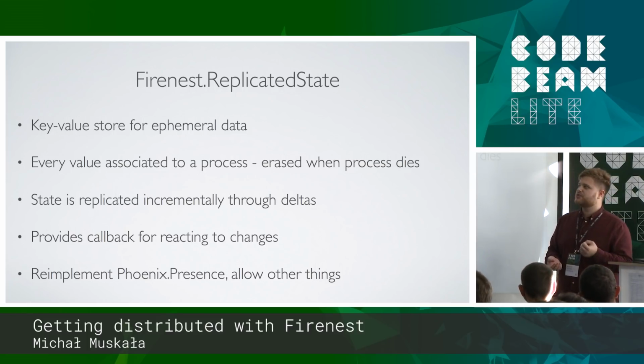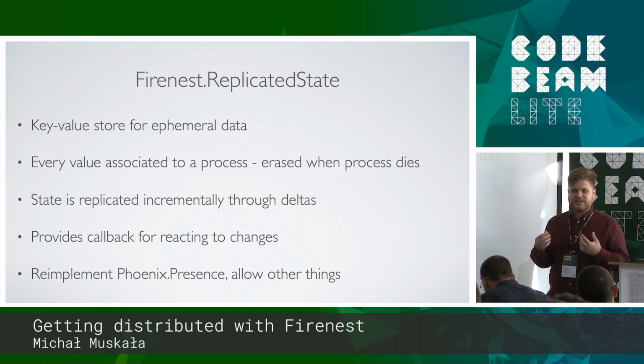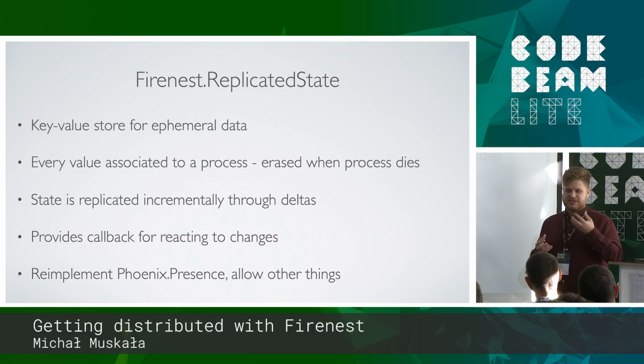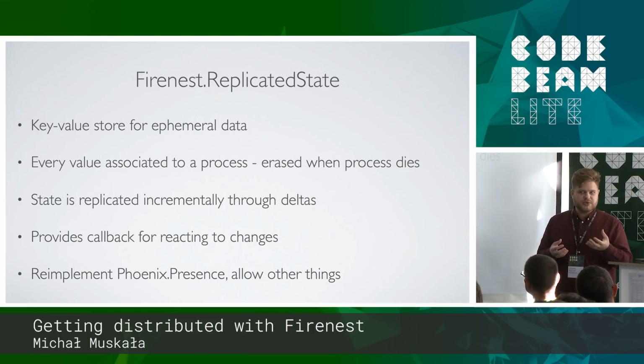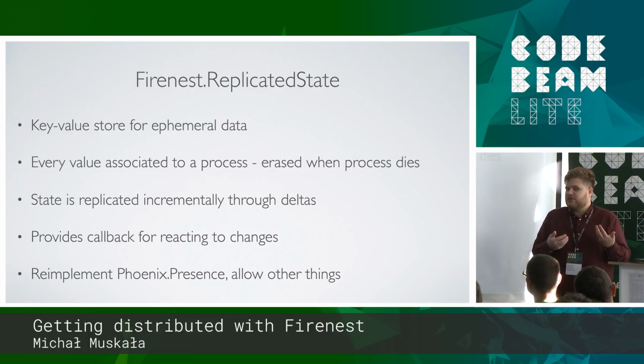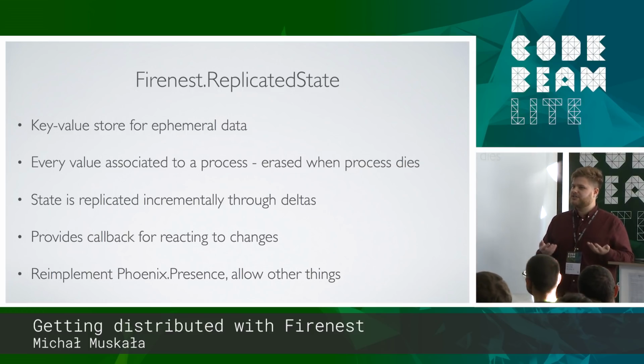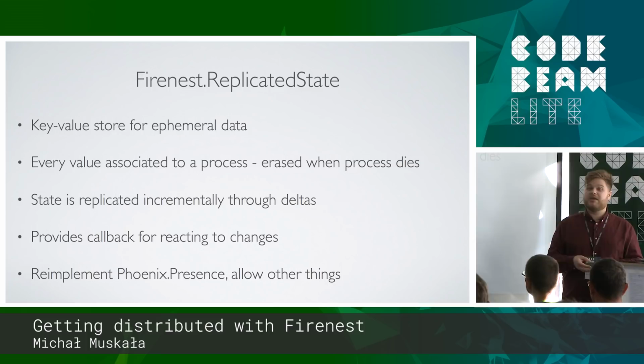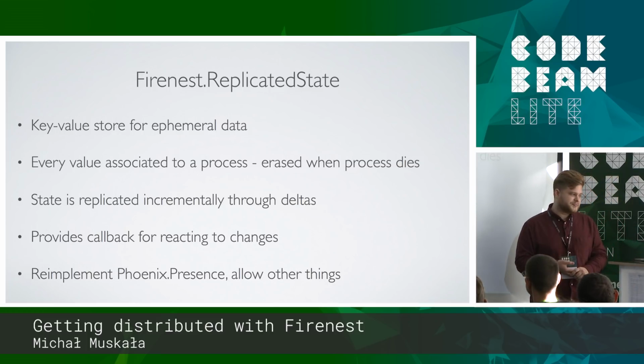But here, because we're dealing with ephemeral data, we really don't have any conflicts. Each piece of data is associated to one process, and only that process can change it. So there's no inherent conflict in the data, which means, in principle, we don't need a full-blown CRDT. We can try to simplify the implementation, and maybe also make it more efficient along the way.